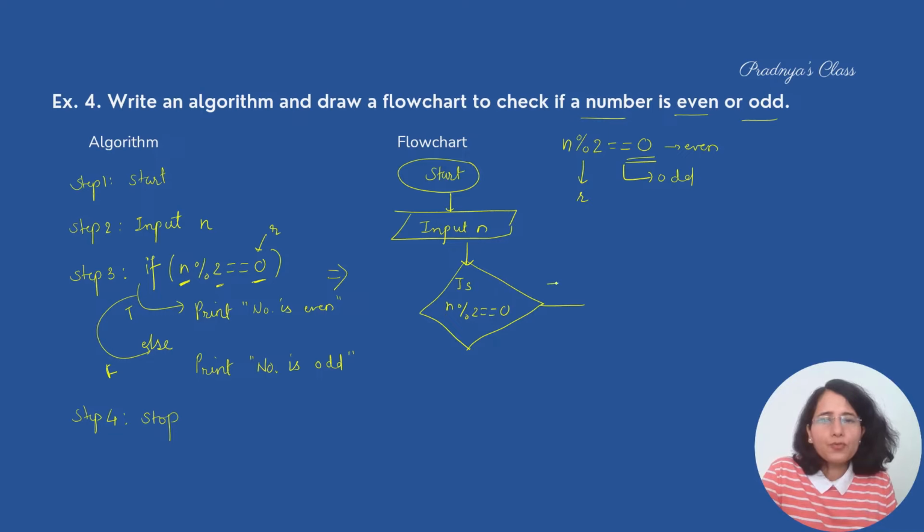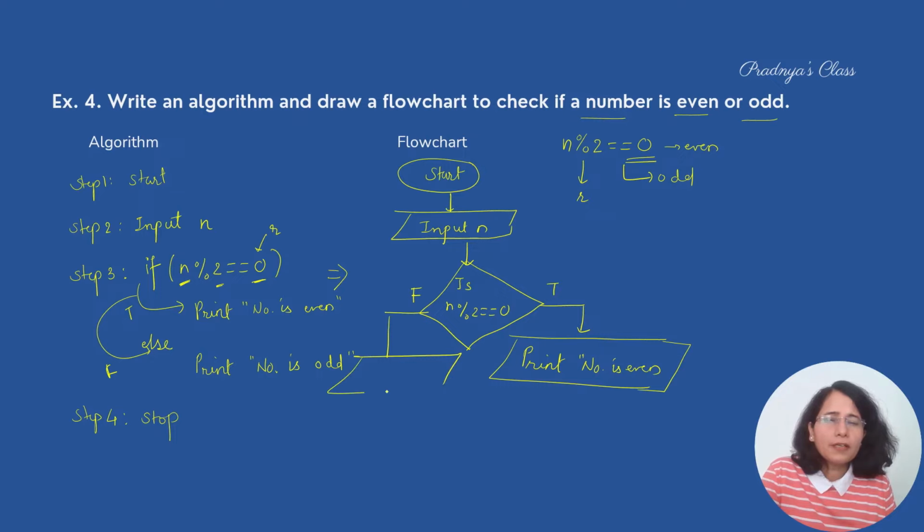If it is true you can write T or yes, and for false you can write F or no. So the true part means, if the number is completely divisible by 2, we print the message the number is even, and for output we use a parallelogram. In the same way we print the message that this number is odd if the statement is false.